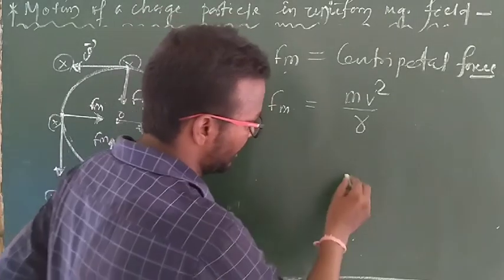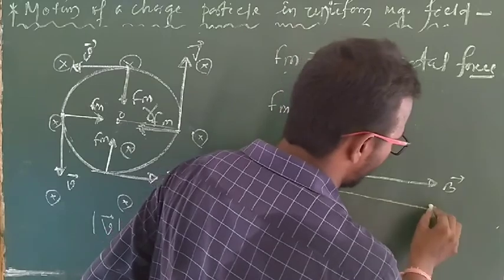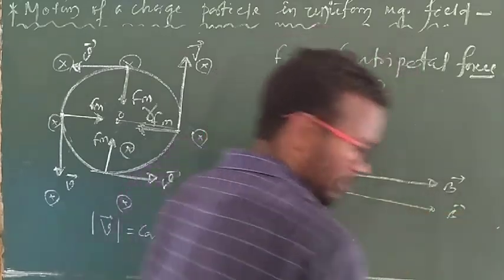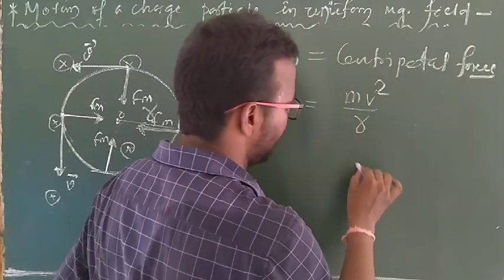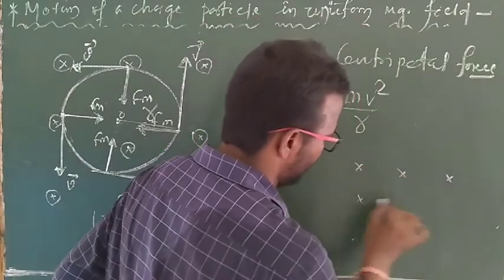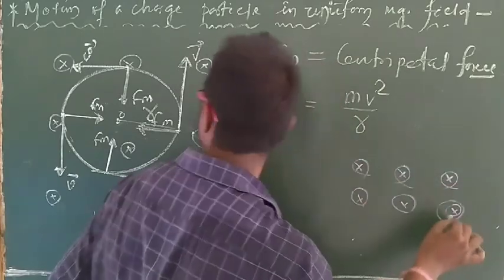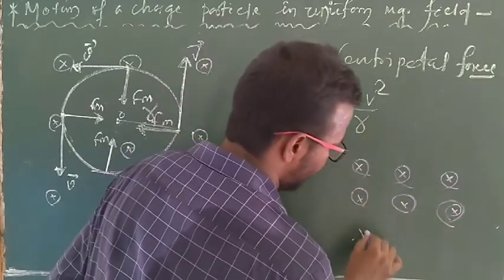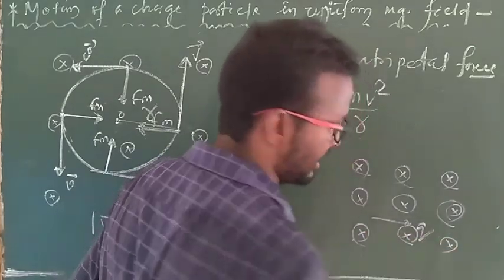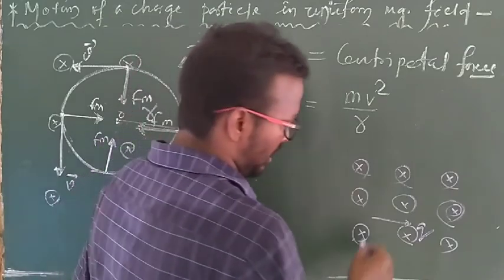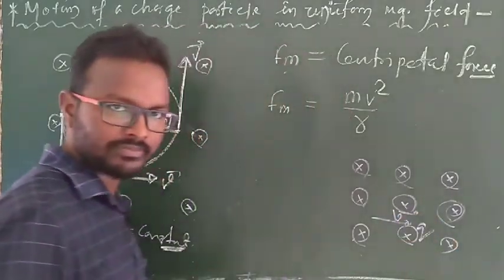Clear? Second thing, this is the direction of the magnetic field B, which is in the inward direction, and this is the direction of the charged particle, which is moving with velocity v.